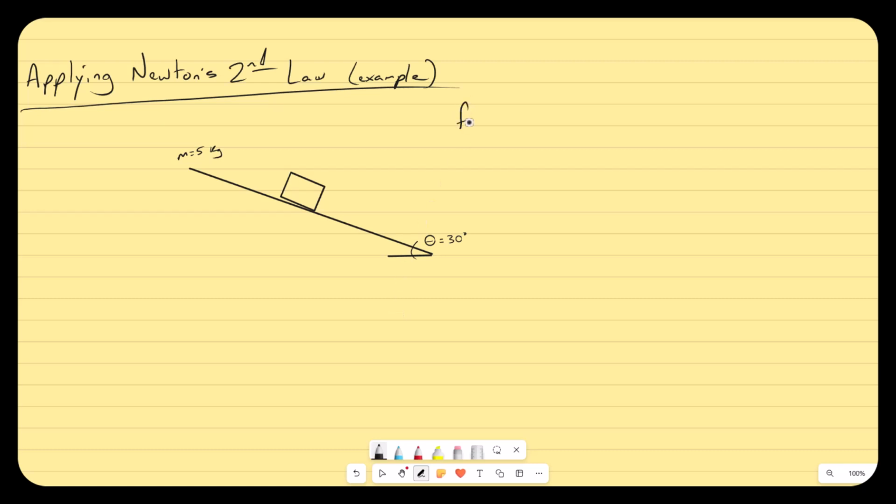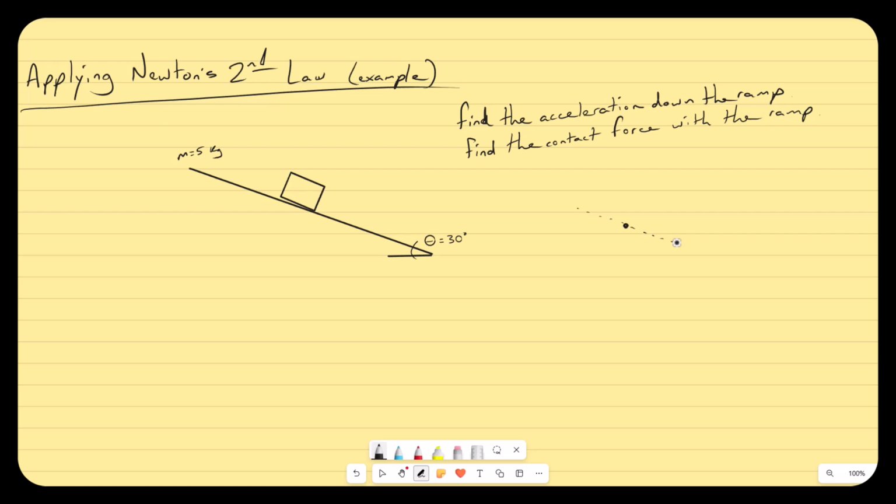And let's find the contact force with the ramp. Okay, first, free body diagram. Here is the box.